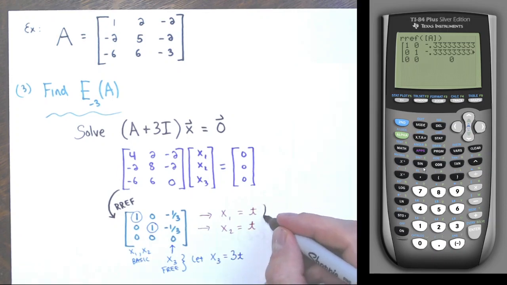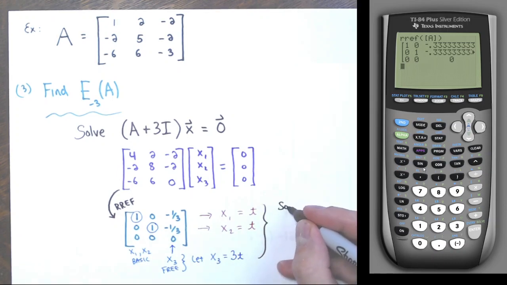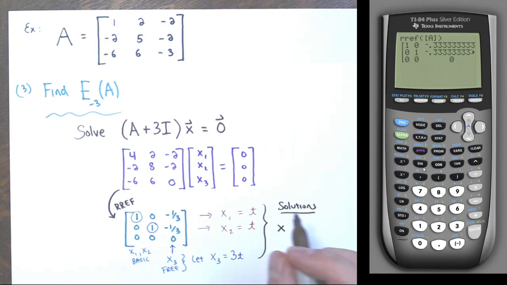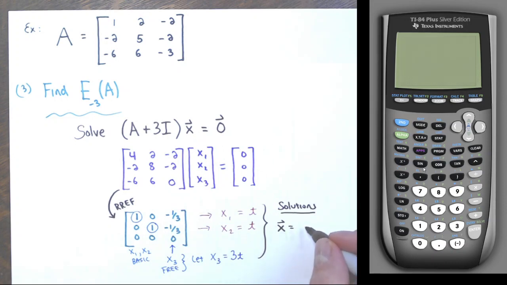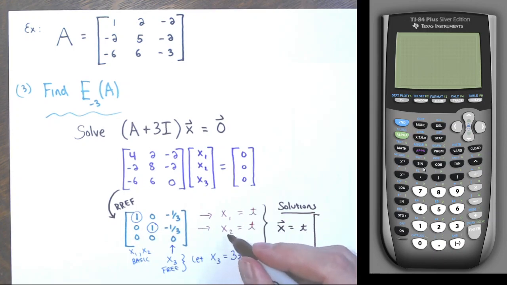So putting all these together, we're seeing all the solutions. Now this time I'm just going to pull the t out. I can replace x with any vector that looks like this. There's only one free variable. I pull it out: t times the vector 1, 1, 3, the coefficients of t for x1, x2, x3. And there we go.